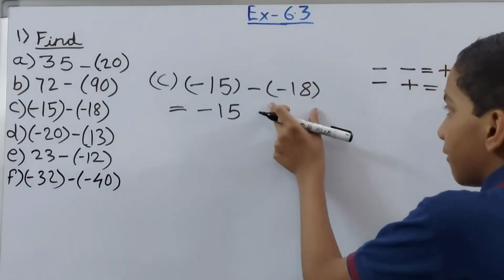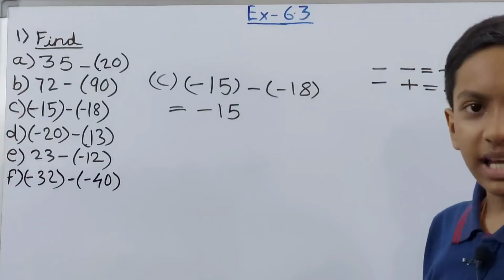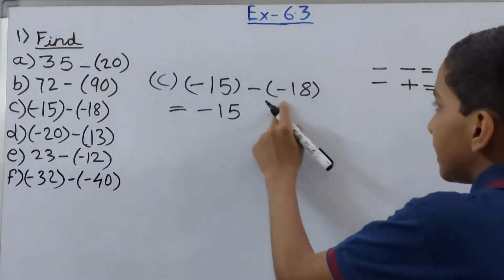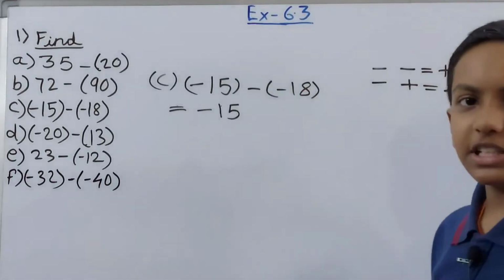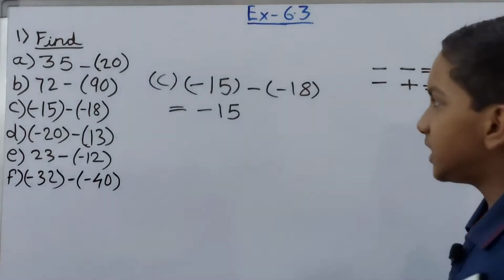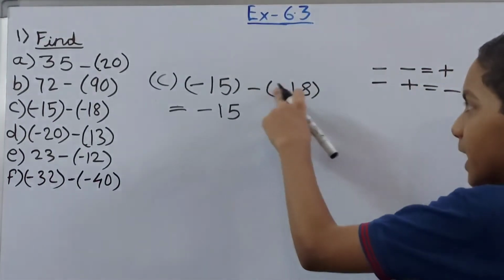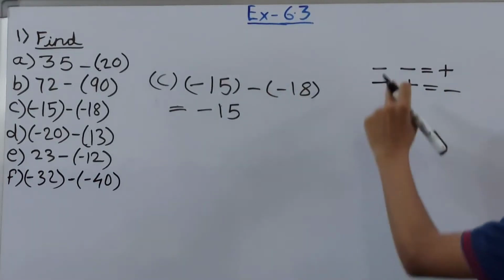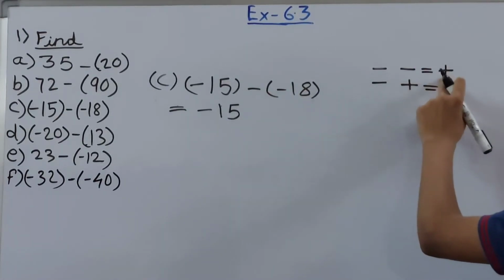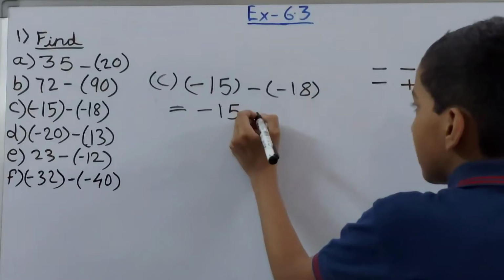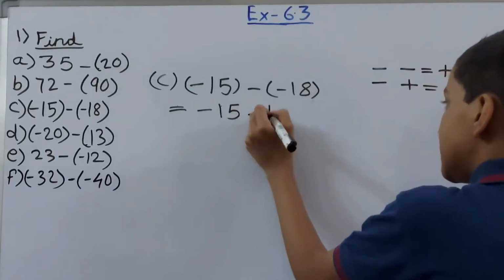But when we have to remove the brackets of the second number, as you can see, there is minus sign in front of 18. That means it's a negative integer and here this is also a minus sign. So minus minus make up a plus. That means here we will write plus 18.